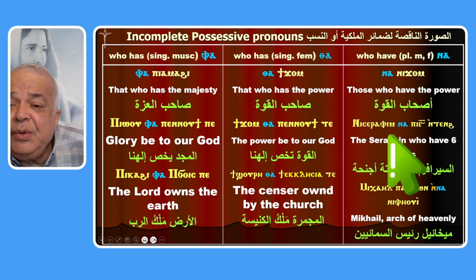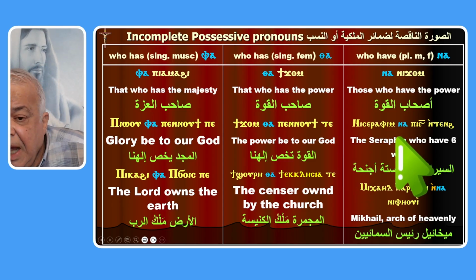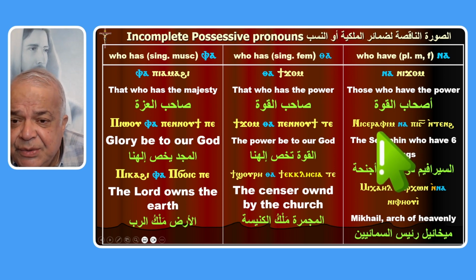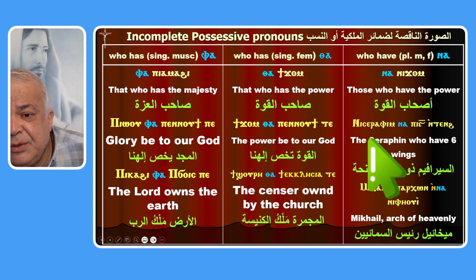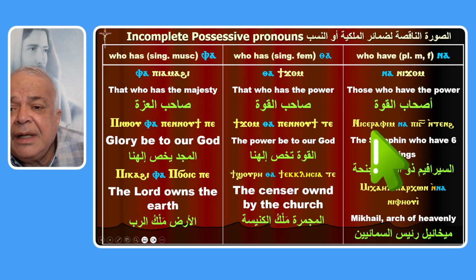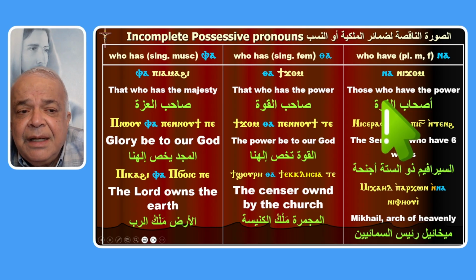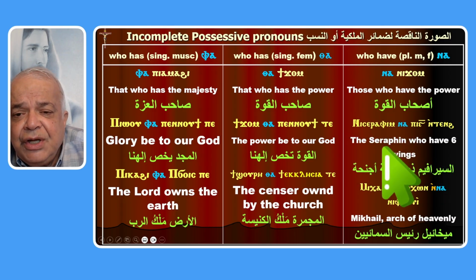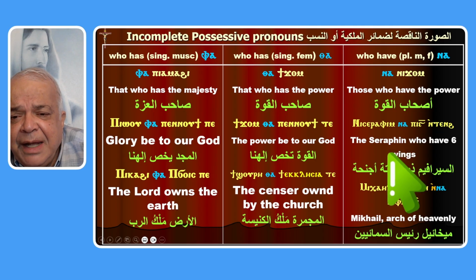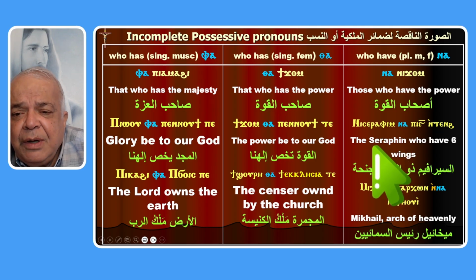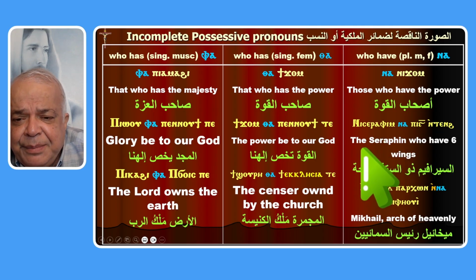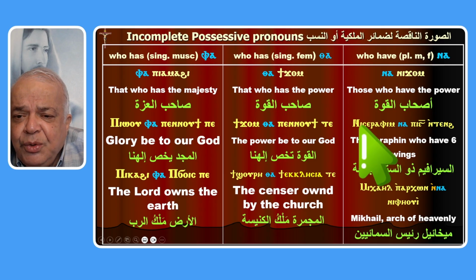Now, if it is plural, and this expression actually is used in the liturgy, when the priest says to the people that around the Lord there are a lot of angels, cherubim, seraphim, and others who are praying and praising the Lord 24 hours in 24 hours, and we should do like them.